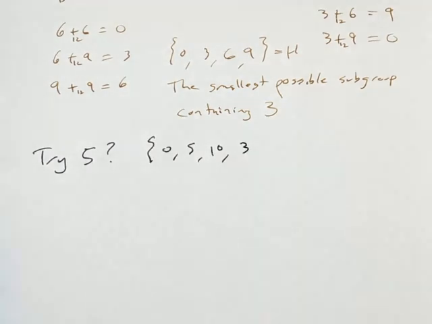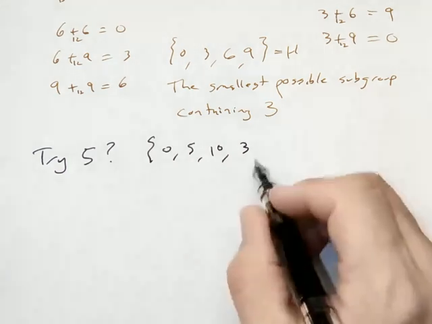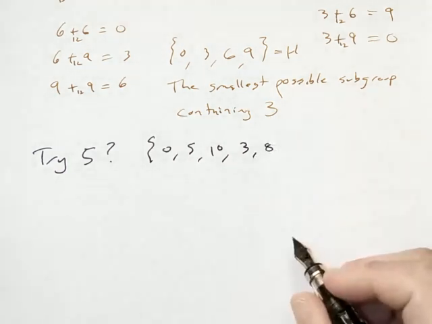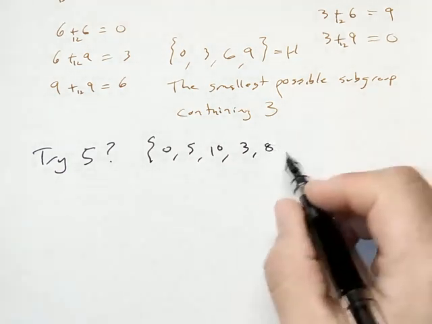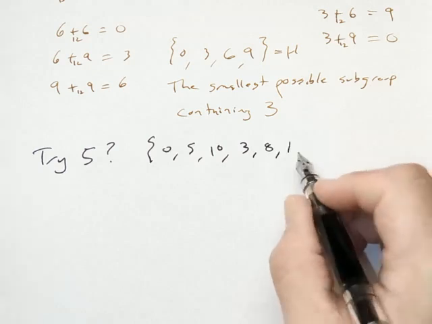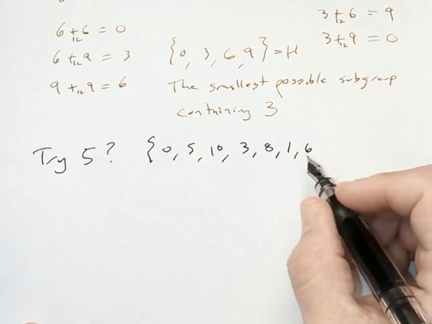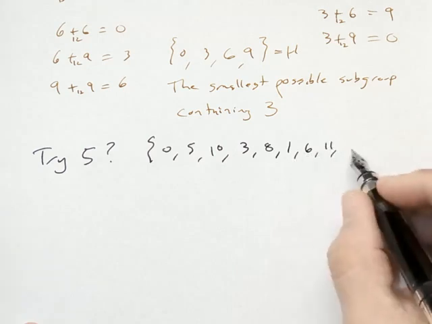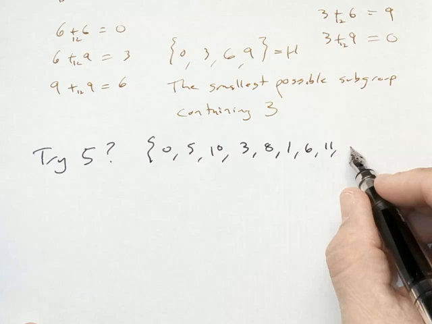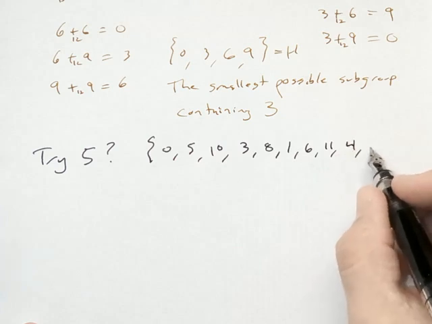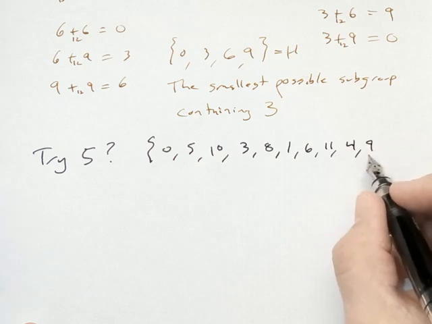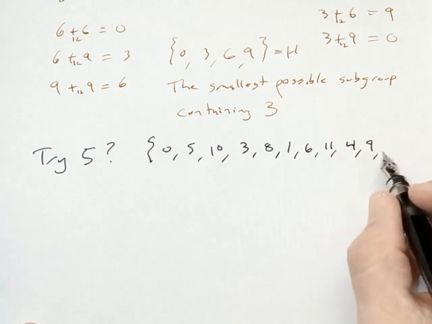I'm going to get 6 and 9 eventually, probably, right? 8. 8 and 5 gives me 1. 1 and 5 gives me 6. Hey, 6 shows. 11. There's 9 left.